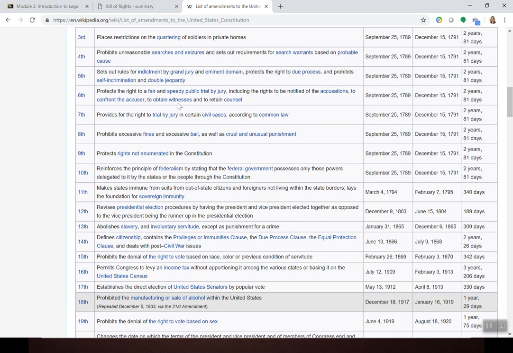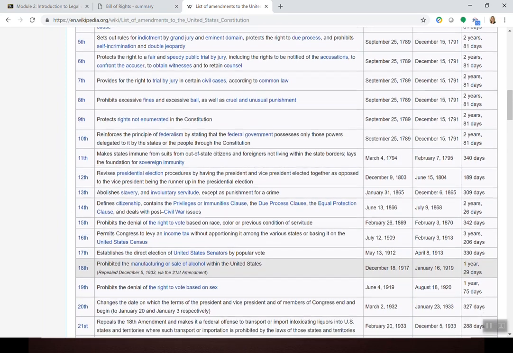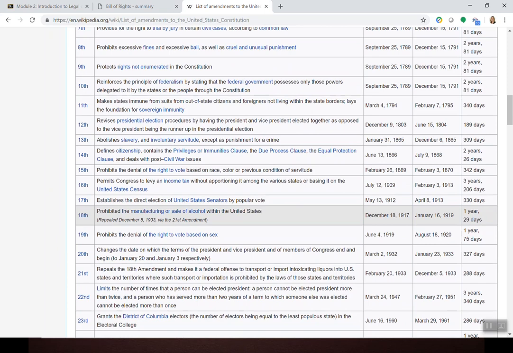If we had the Fifth Amendment as due process, why do we need the 14th Amendment to also define due process? And here is why. The first 10 amendments were voted on with the Constitution of the United States when our country was formed. All the others were amended. The Constitution was amended by the process of amending. You can look here in 1803, all the way up.